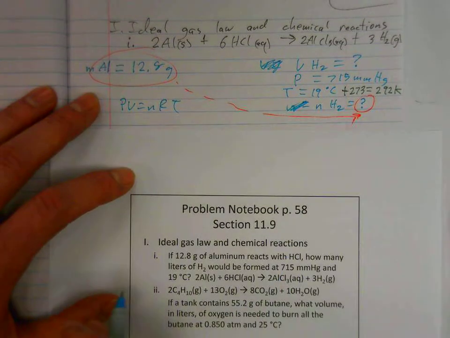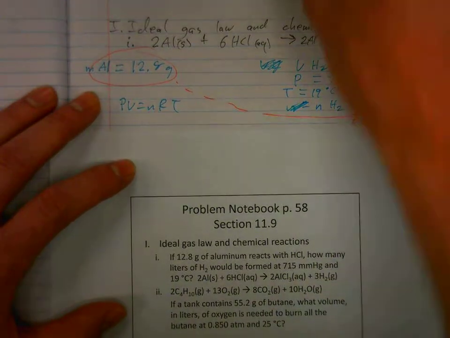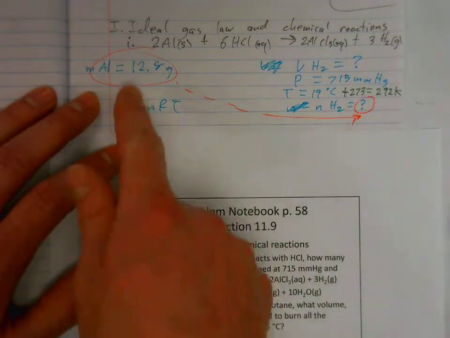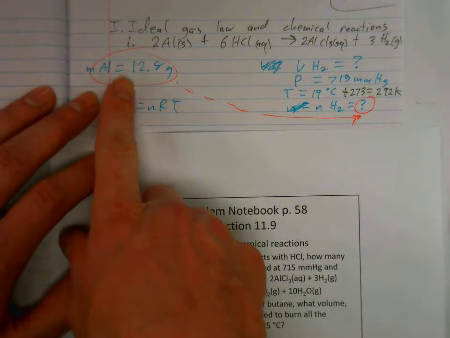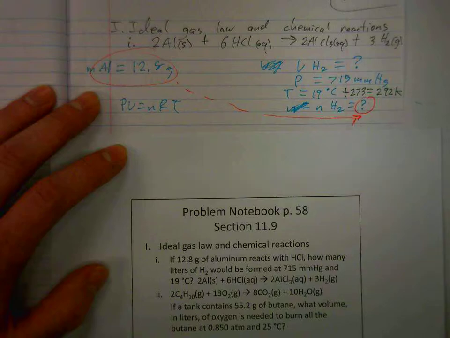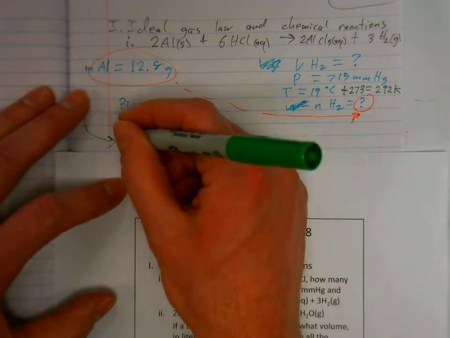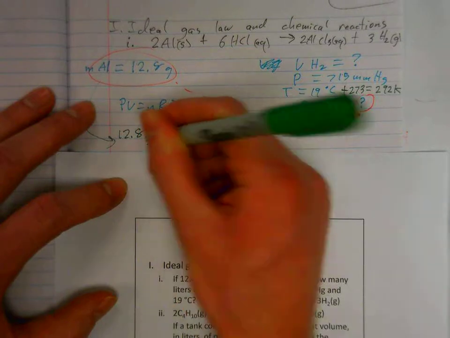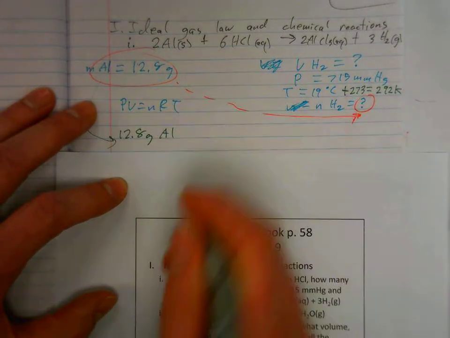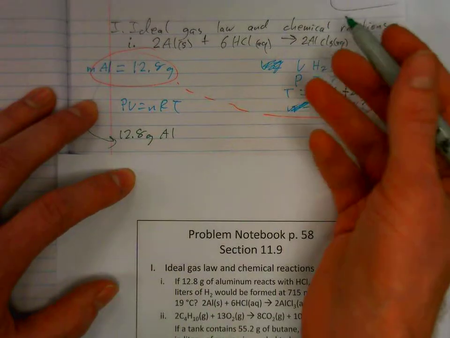So our first step here is to use stoichiometry, and we need to figure out the number of moles of hydrogen. So we'll start with our given value. We have 12.8 grams of aluminum. And I'm not going to go into the details of the process here. There are earlier videos that explain how to do this process.